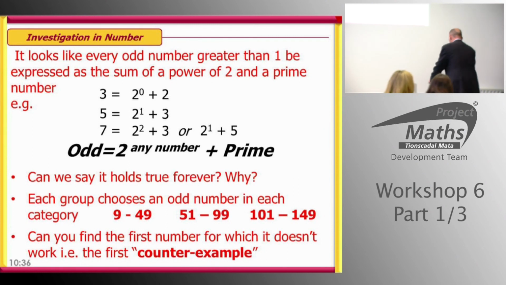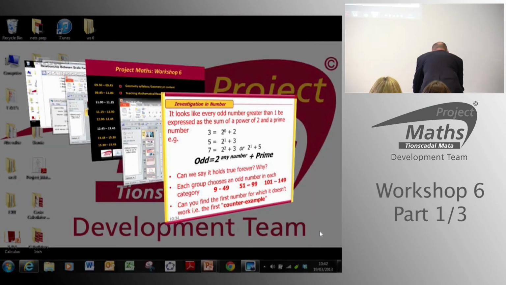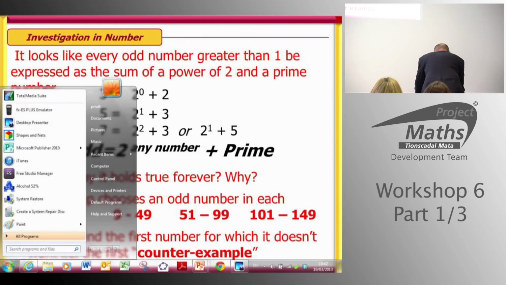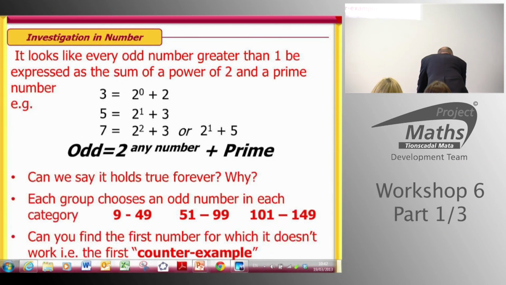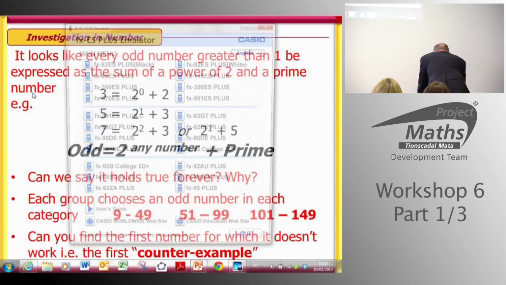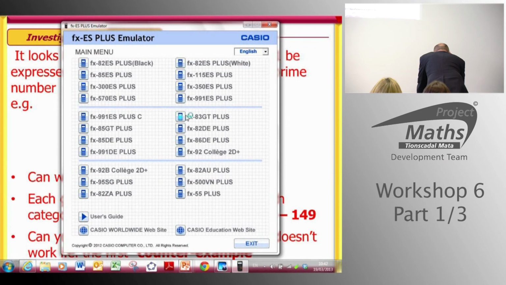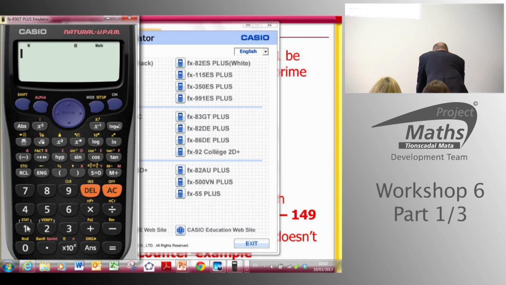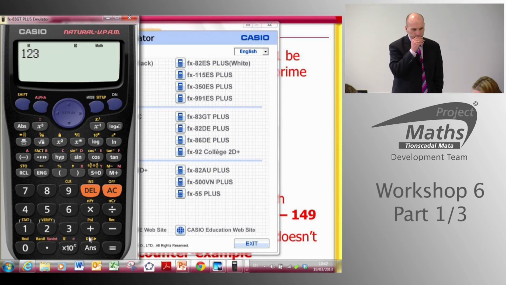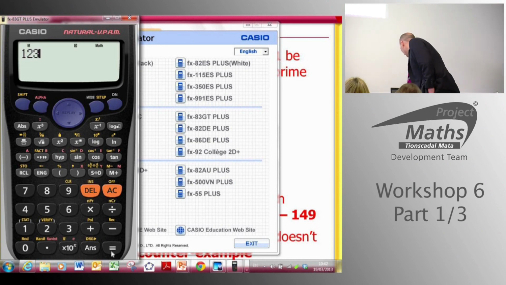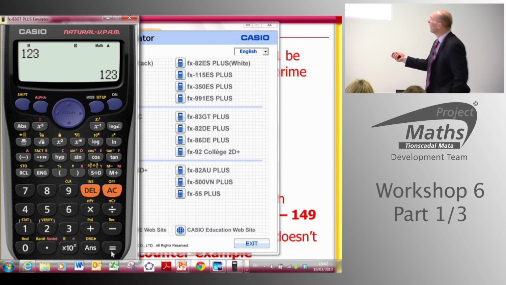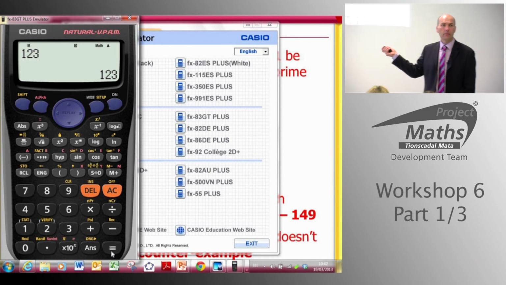is your prime factor button on your calculator. So say you've got 123. Is 123 prime? Type in 1, 2, 3 in your calculator. Press equals. You see here on your calculator, fact.